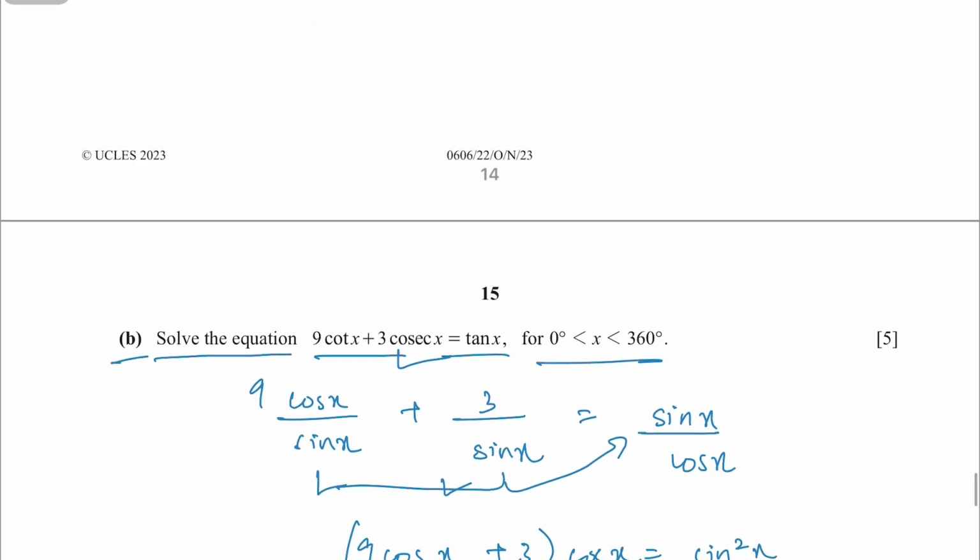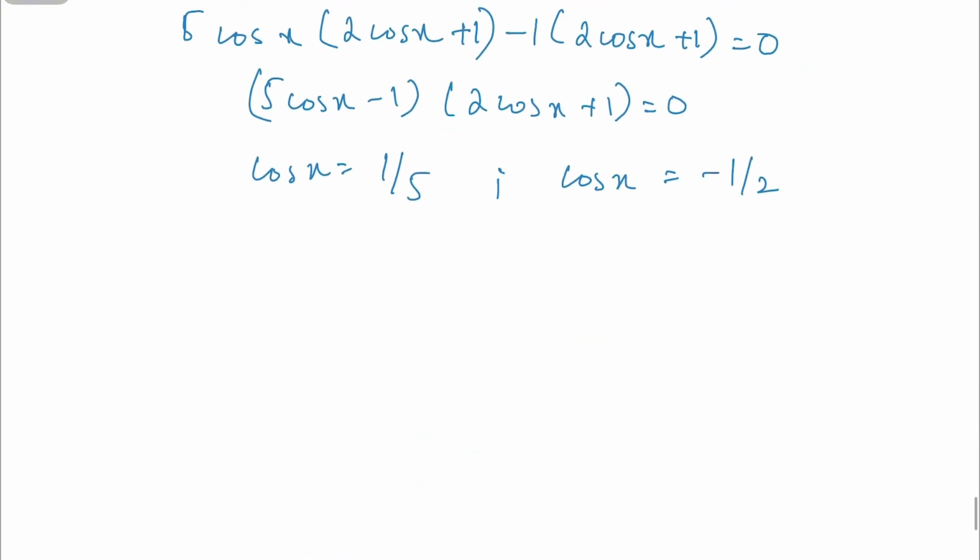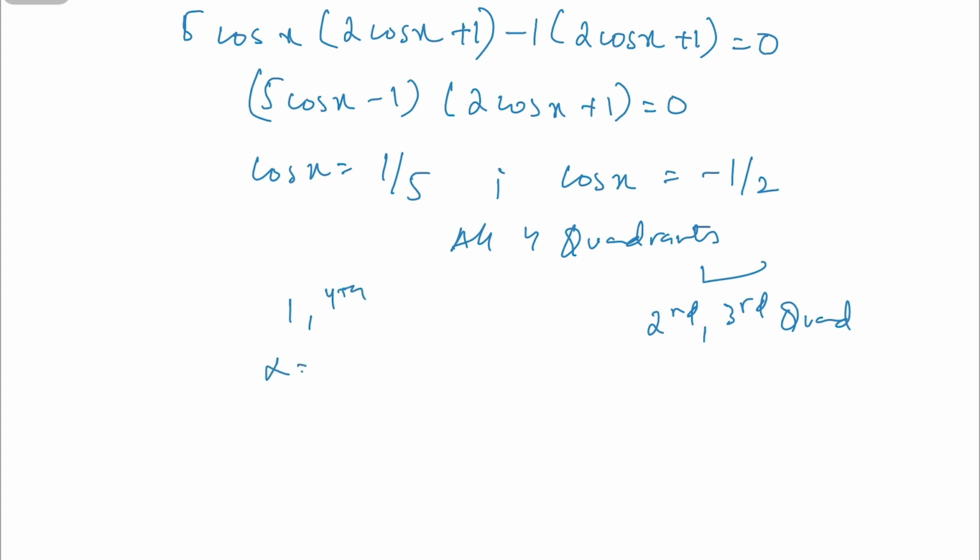What was our range? Our range was 0 till 360. We'll be including all 4 quadrants. So when cos is negative, it is in the second and third quadrant, and cos is positive in the first and fourth quadrant. Let's just calculate our alphas of both. We'll get this alpha is 60, and this alpha is 78.46, I guess.